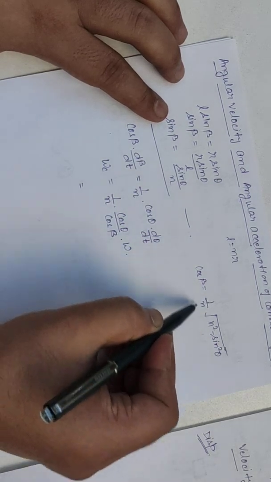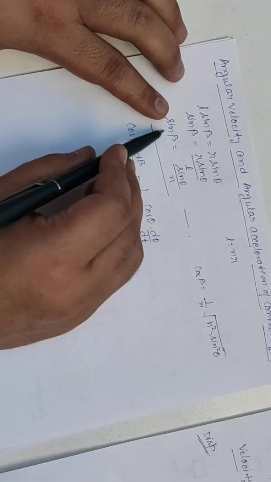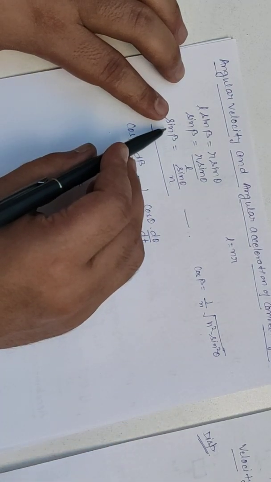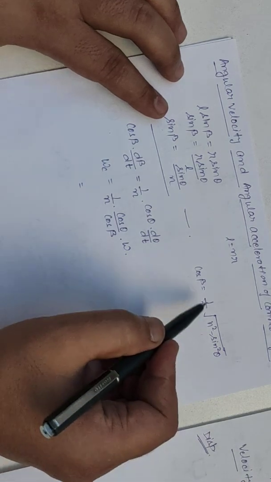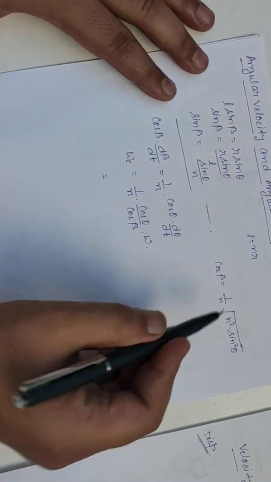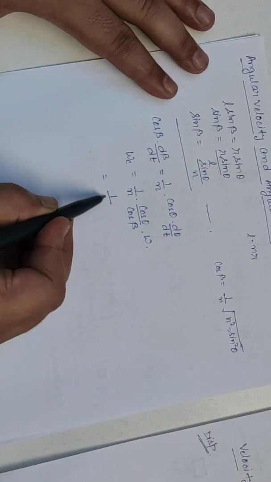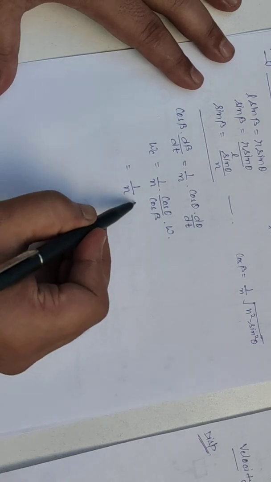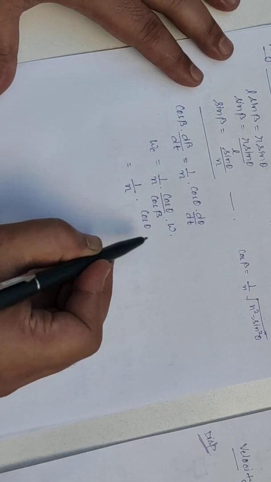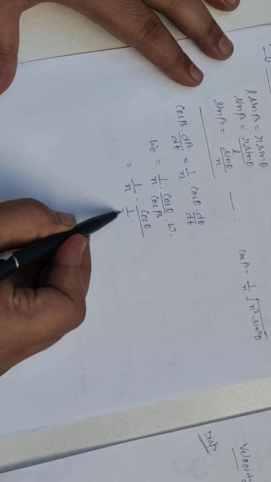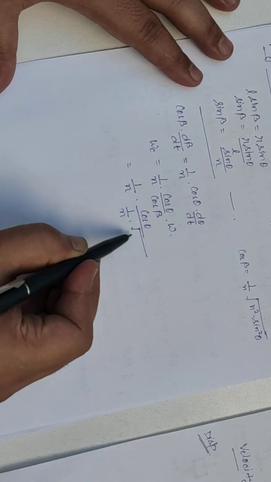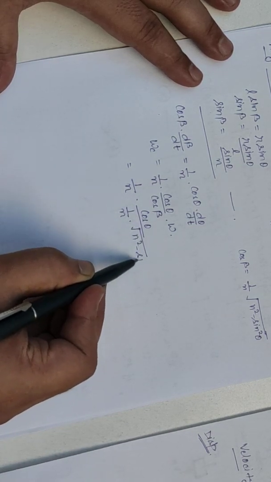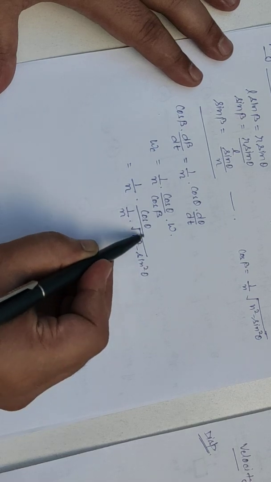How are we getting this? From sin square beta plus cos square beta equal to 1, put the value of sin square beta here and we get cos beta. Now put this cos beta value here: 1 upon n, and cos theta divided by cos beta gives 1 upon n under root of n square minus sin square theta.